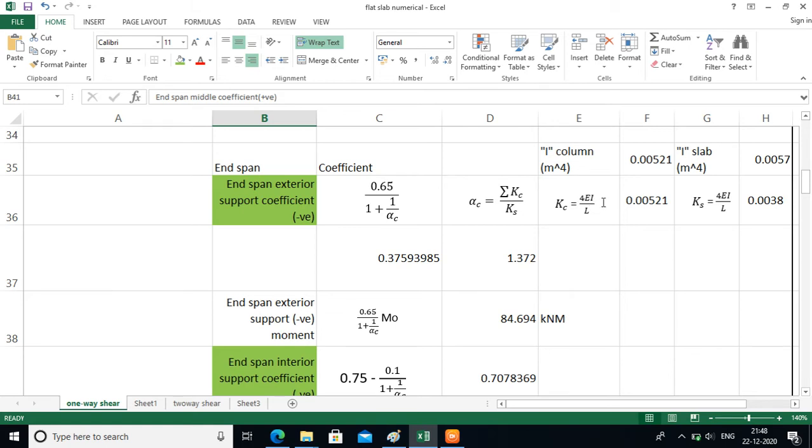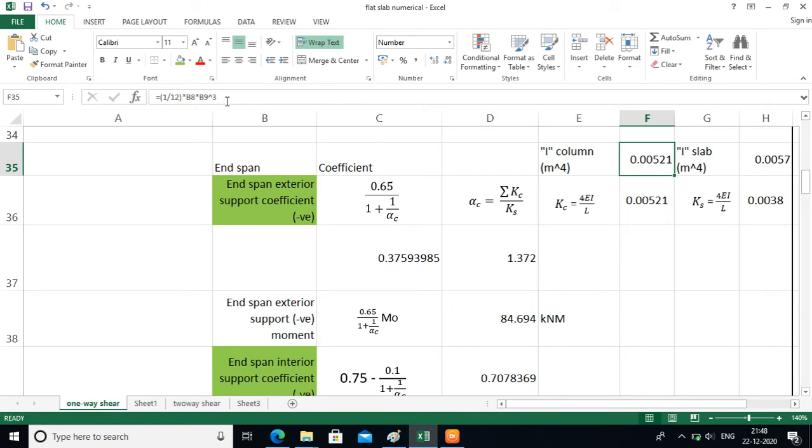Now I is the moment of inertia. The column is of square shape, 500 mm by 500 mm, so we need to calculate the value of I. As it is a rectangle, we can use the formula I equals 1/12 b d cubed. Again I have put the formula over here, 1/12 b into d cubed.